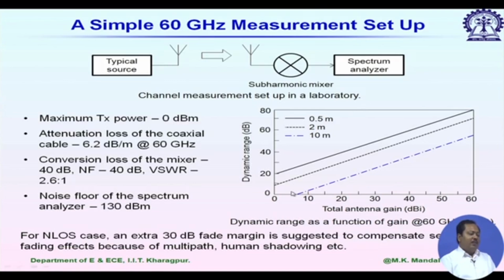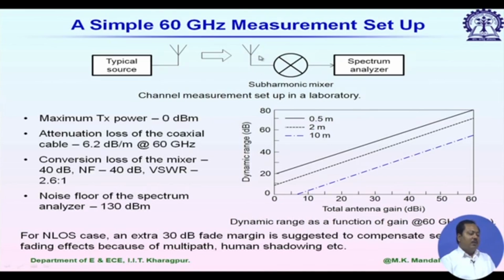Then what is the maximum and minimum power we can measure by using this system? The minimum power depends on SNR. Again we have to calculate SNR for the system, and since the device under test, or antenna under test, is connected to this subharmonic mixer, we can't change this.